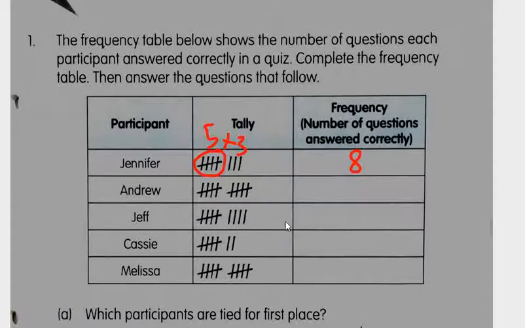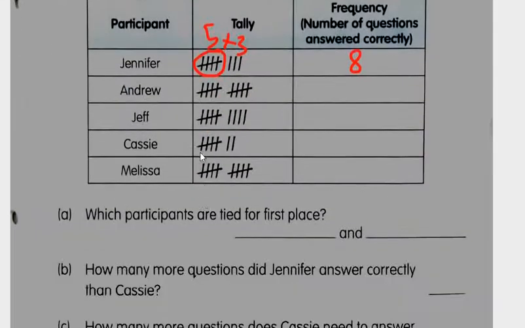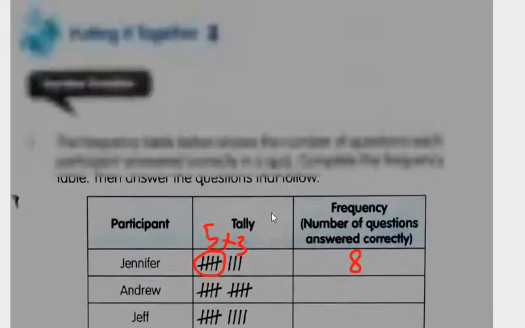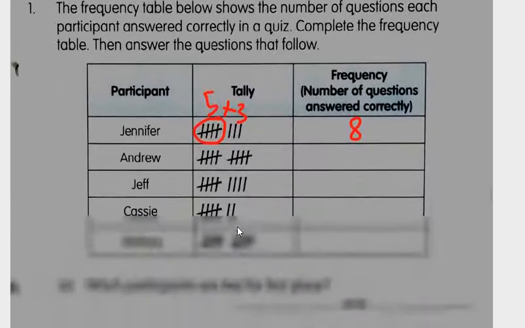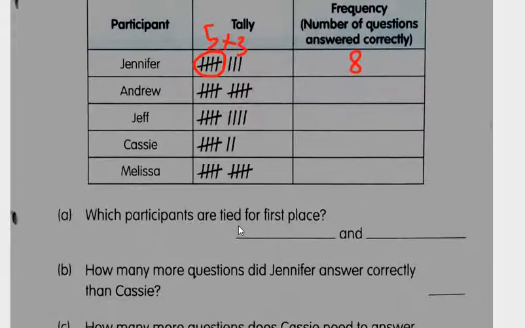Okay, do the same with the other. Now, which participants are tied for the first place? This is the frequency table of the number of questions each participant answered correctly.